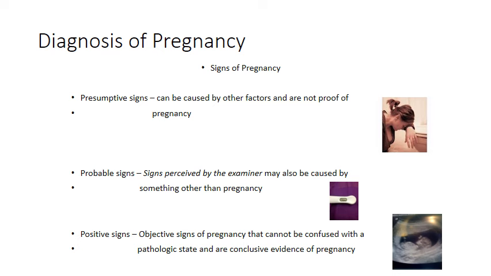So we need to remember that the probable signs are many times what we base our diagnosis on, but they can be caused by other pathological things. The only absolute positive signs of pregnancy are the last 3 that I stated, which are presence of fetal heart rate, visualization of a fetus with ultrasound, and fetal movement assessed by somebody other than the pregnant woman.